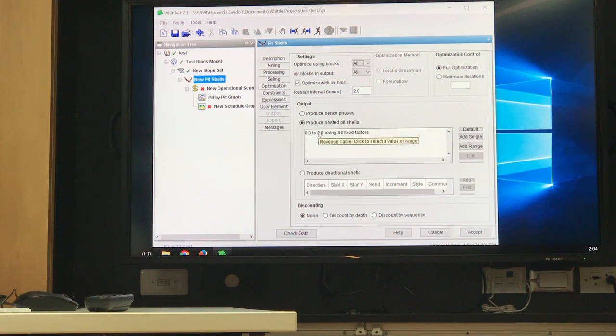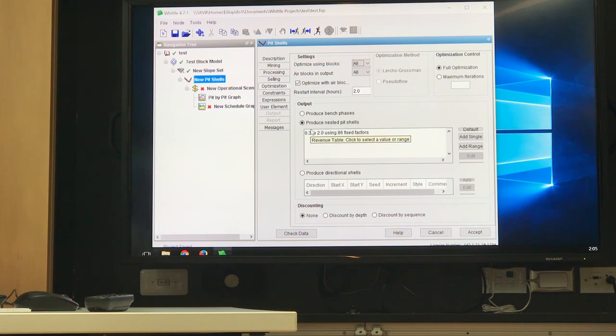What is this revenue factor? It is a coefficient that is going to apply to your price and generate a pit shell based on that specific price. For example, now we chose the price of commodity as $1,000, and this coefficient is changing between 0.3 and 2. So it will start with 0.3.